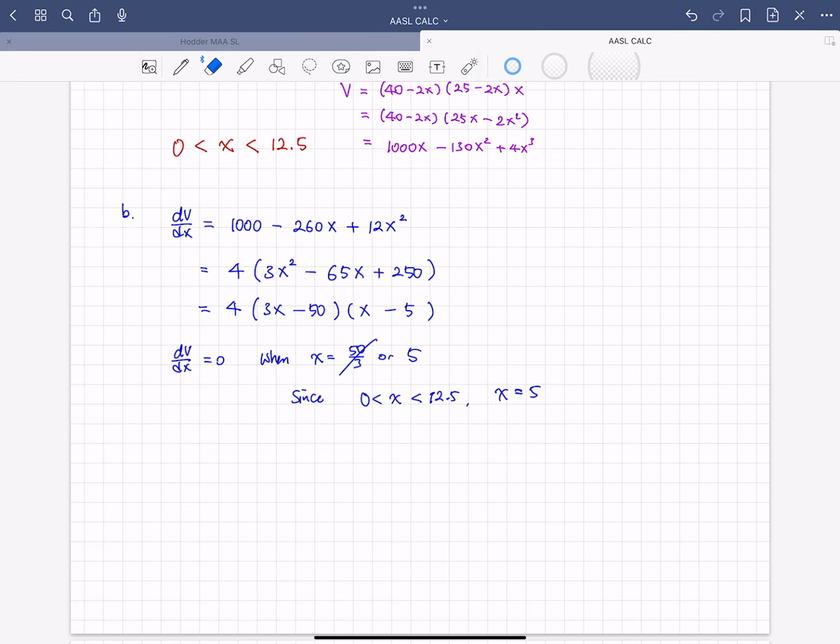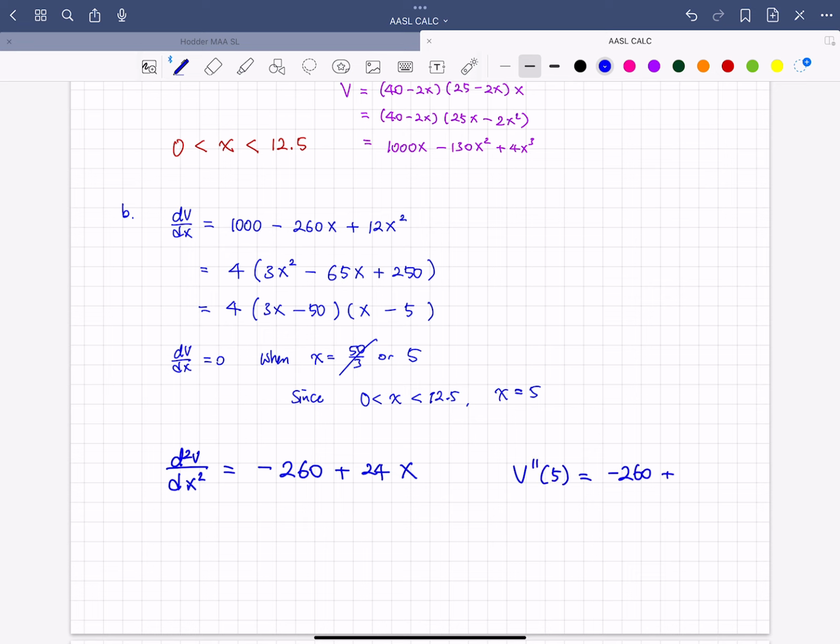I'm going to find the second derivative, so d2V/dx squared is minus 260 plus 24x. If I substitute x equals 5, V double prime of 5 is negative 260 plus 24 times 5, which is 120.